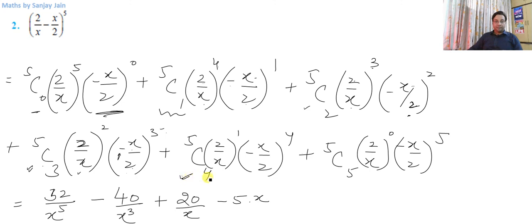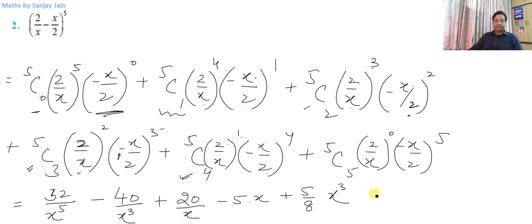Think about this. This is 5. And this is 2 in the numerator and 16 in the denominator. So 8 in the denominator and 5 in the numerator will give me 5 by 8 x cubed.